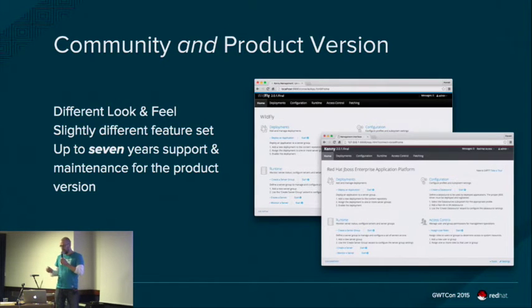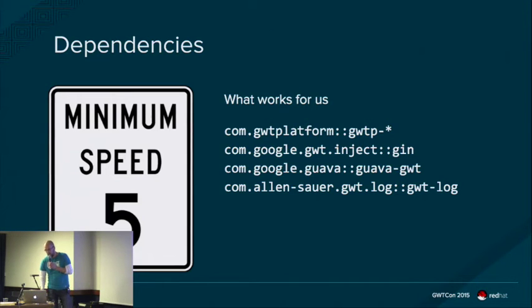But the key point is that we have a really long period where we have to support, maintain and fix bugs. It's up to 7 years. So each line of code we write today, we have to maintain for up to 7 years, and that's something to keep in mind when it comes to implementing new features or when it comes to changing or refactoring things.